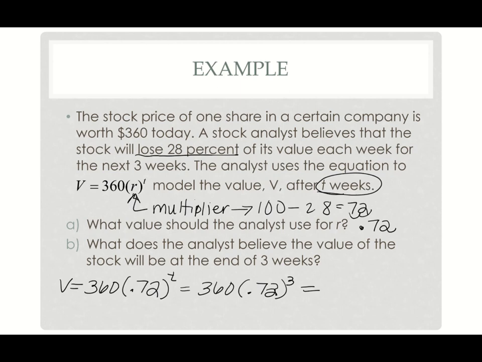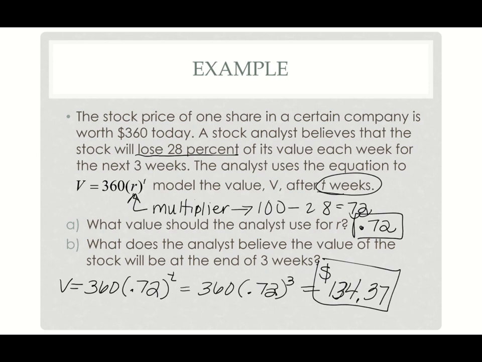Use that caret button right underneath clear. Raise it to the third power. And I should have 134.37 because I have 134.369, round that up to 37. 2 decimal places because I'm talking about money. So $134.37 would be the price of the stock after 3 weeks.